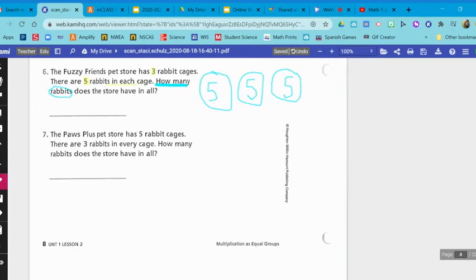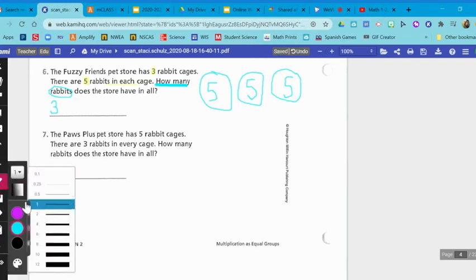Once you have those 5s in your groups, I notice that we have 1, 2, 3 groups of 5. Go ahead and write that as 3 groups of 5, or 3 times 5. I'm going to get a little fancy and make my multiplication symbol be just a dot this time. Oh man, I got a little out of control here with my mouse. There we go.